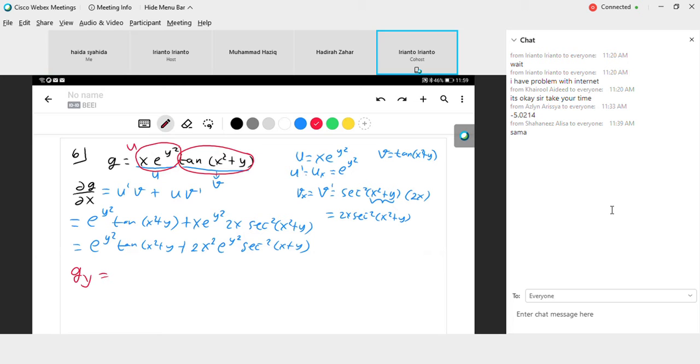So for this, chain rule or product rule? Product rule, because this one has y multiplied with this one. Function multiplied with function, and both of them have y because we differentiate with respect to y. So product rule.